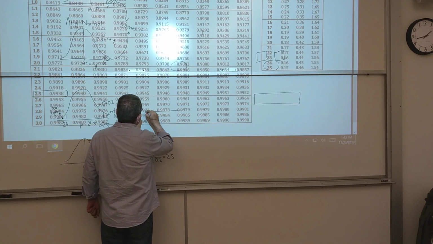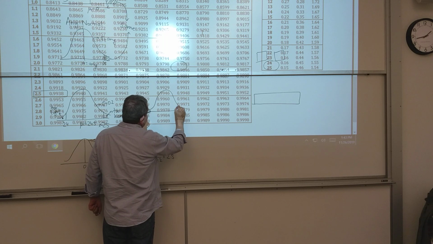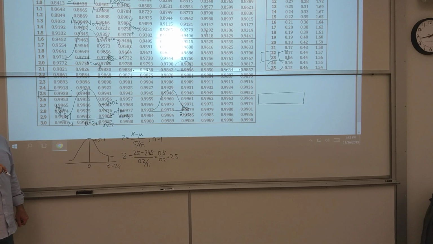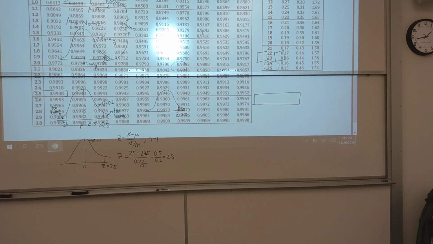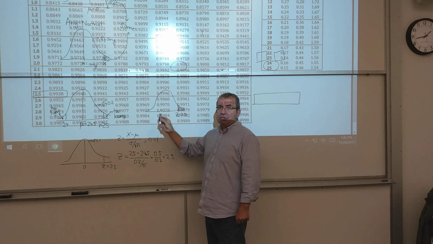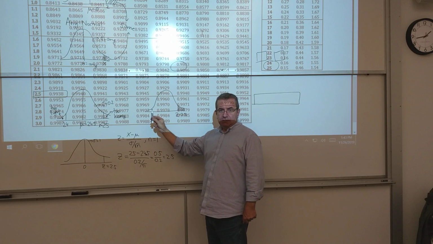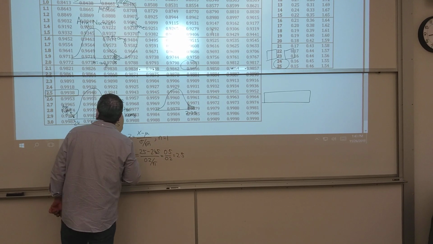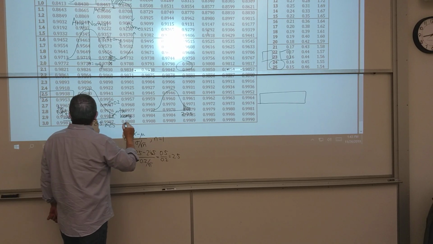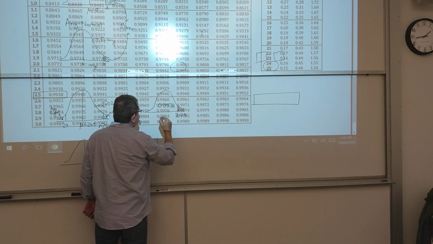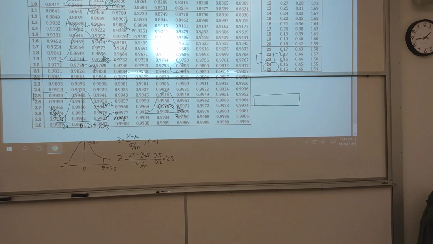Here's the standard normal distribution, and here is z equals 2.5. This is the tail probability. Now, the area under the curve to the left, which I call the belly probability, is 0.9938. This is not a formal statistical term, but I call it the belly probability.